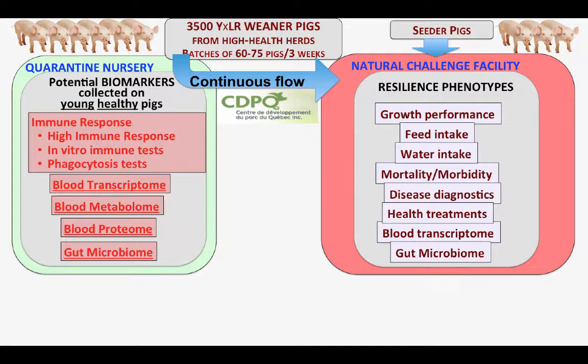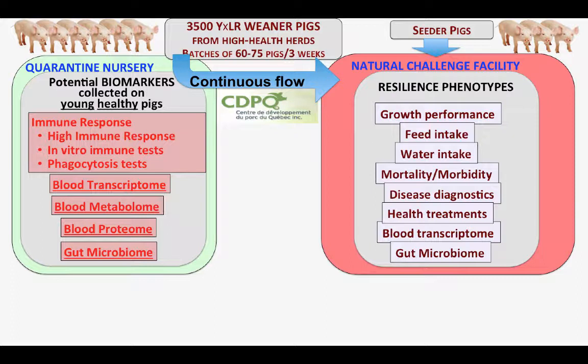In the quarantine nursery, we are collecting a number of samples and conducting a number of assays with the aim to identify biomarkers that could be collected on young healthy pigs and that are potential predictors of resilience to disease. This includes several immune response measures, including the high immune response test developed by Bonnie Ballard of the University of Guelph, as well as several in vitro immune tests and phagocytosis tests.